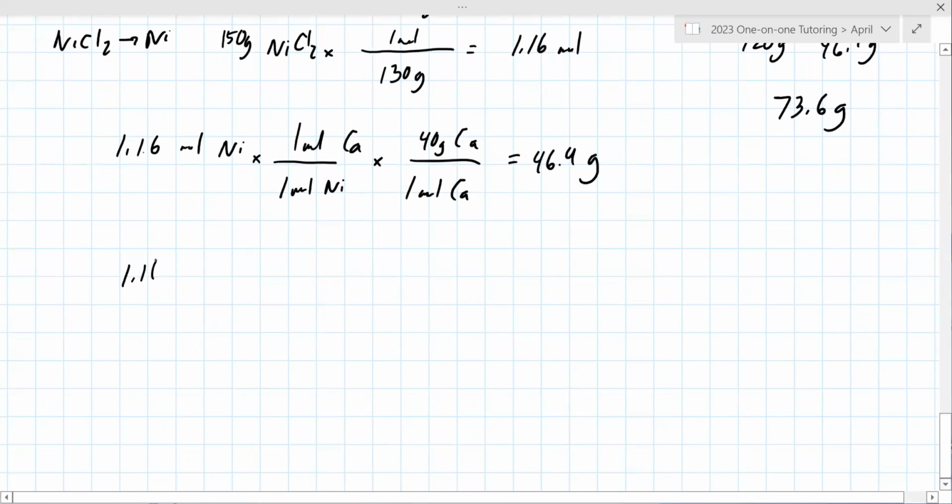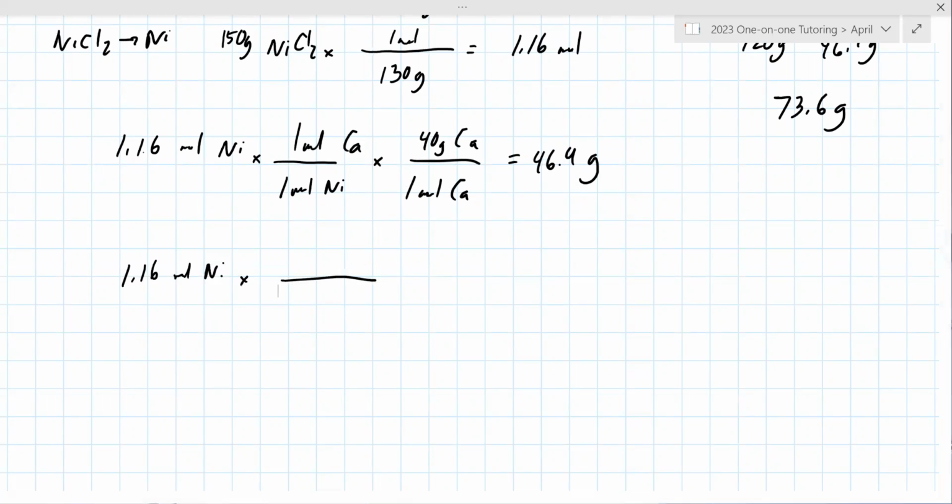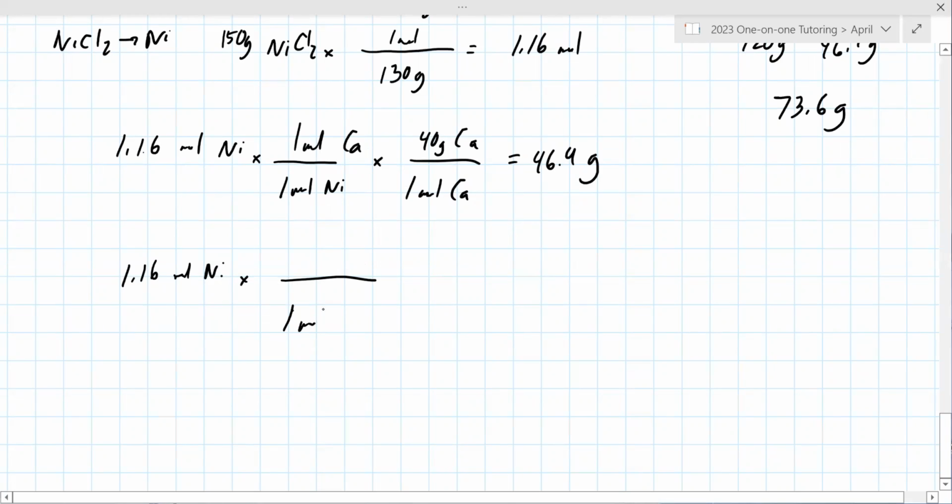So there's 1.16 moles of nickel times, now we need the molar mass of nickel, and that is 58.69 grams of nickel per 1 mole of nickel.